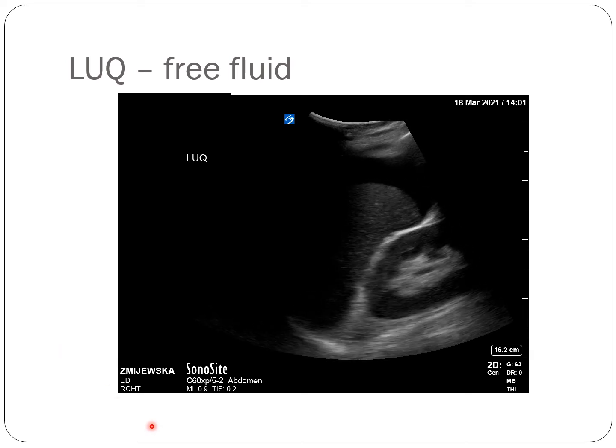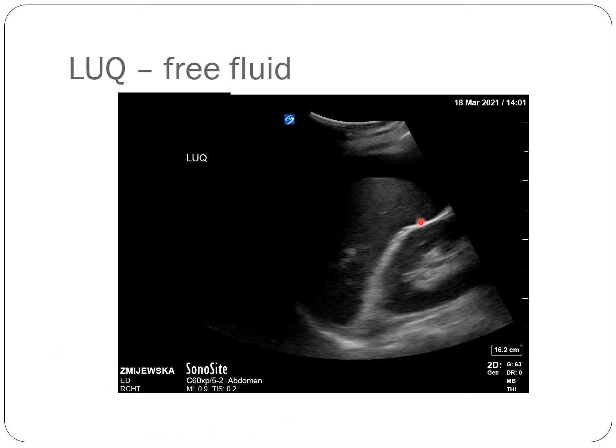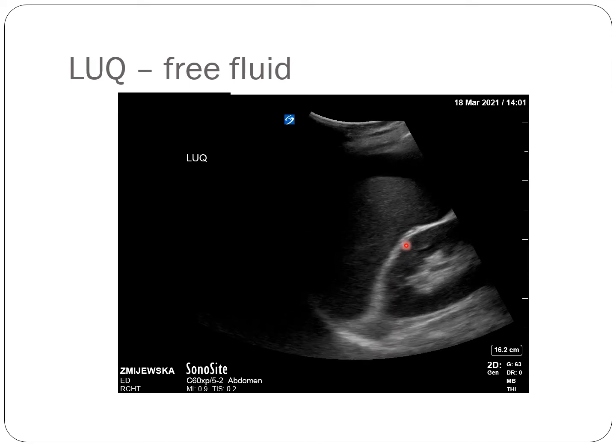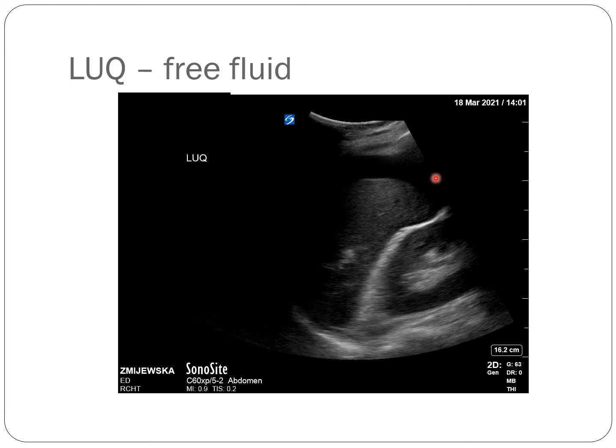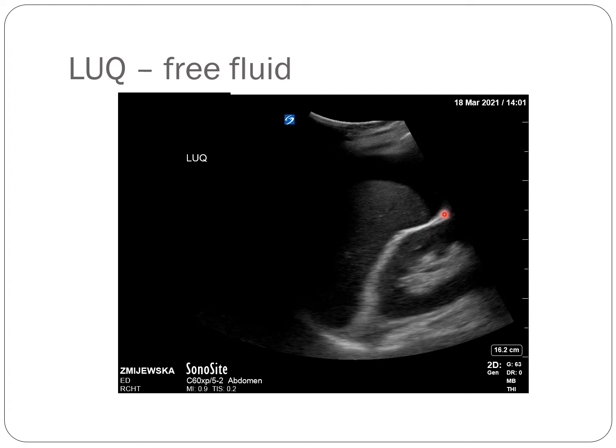On the next scan, you can see the left upper quadrant, so you can see the spleen itself. You can see the kidney, so the left kidney, and you can see a large rim of free fluid around the spleen.